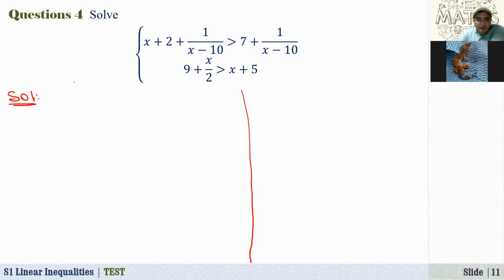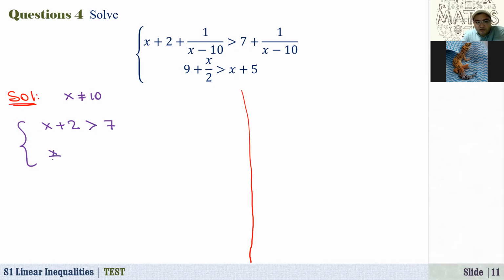So now, supposing that for sure x is not equal to 10, I can eliminate this 1 over x minus 10 from both sides of this inequality. After this, the first inequality becomes x plus 2 greater than 7. And how about the second one? Take x to the left-hand side.